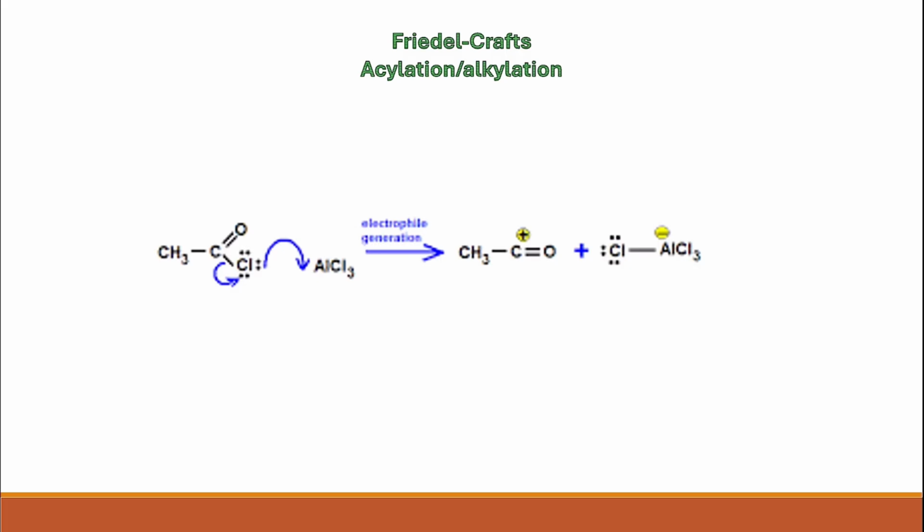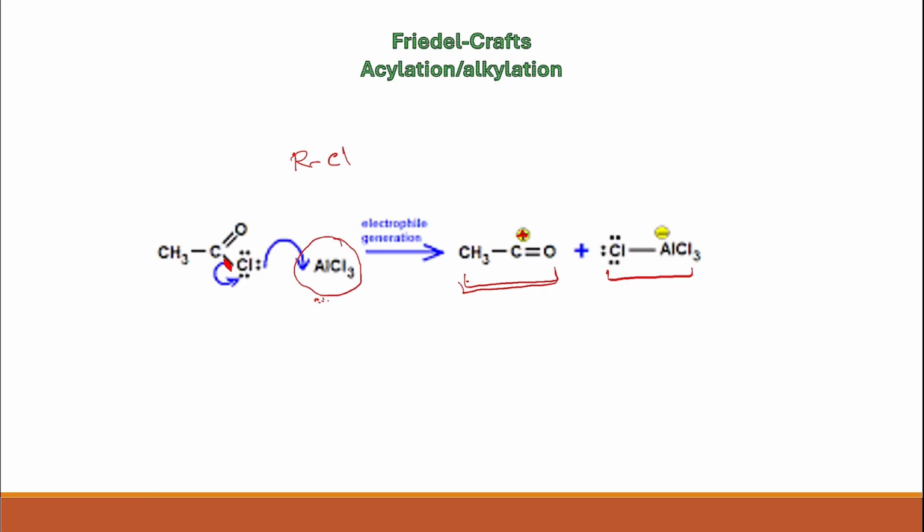The electrophile is the acyl electrophile here, where the chlorine atom or the chloride here is removed, and then we're going to end up with a positive charge on the carbon, and this is the electrophile, and the chloride will be attached to the aluminum chloride, which is going to be regained at the end because it's just a catalyst. If we use for alkylation an alkyl halide like RCl, then with the aluminum chloride, you're going to end up with the R with a positive charge, which is basically your electrophile.